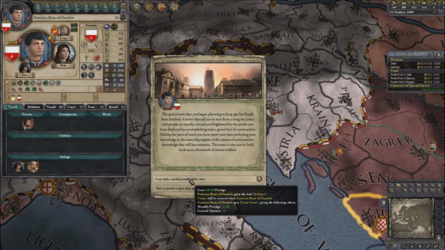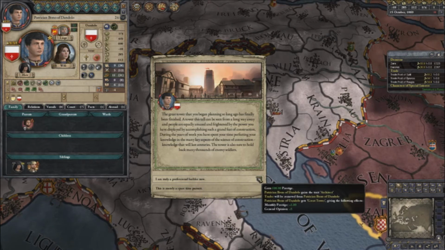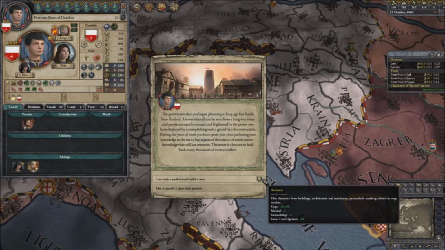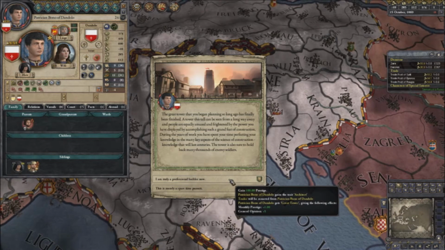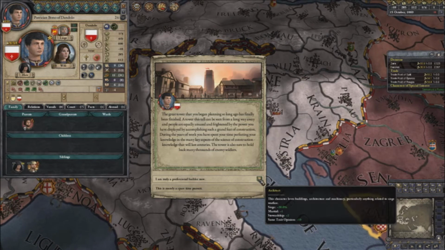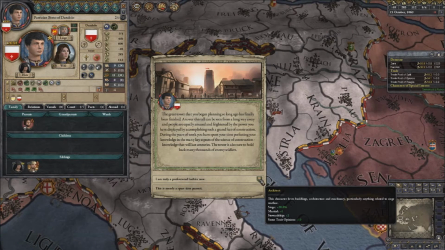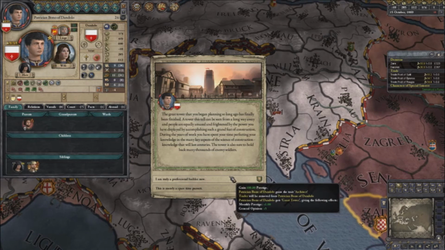Yes. So, we gain 100 prestige, become an architect, which gives us plus 20 siege, plus 1 martial, plus 2 stewardship, and plus 10.